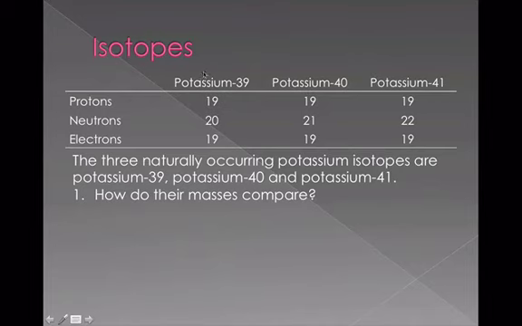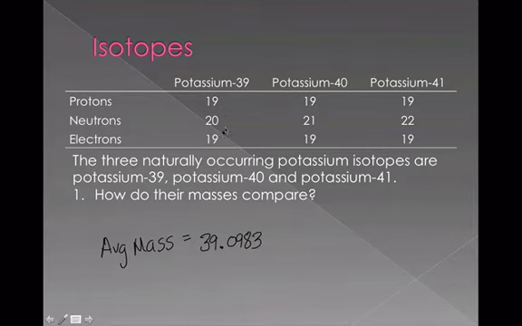Because isotopes don't occur in the same abundance, there are isotopes that are more abundant than others. How you can figure that out is by doing a weighted average calculation, or you can look at the periodic table. If you look at potassium on the periodic table, its average mass is 39.0983.